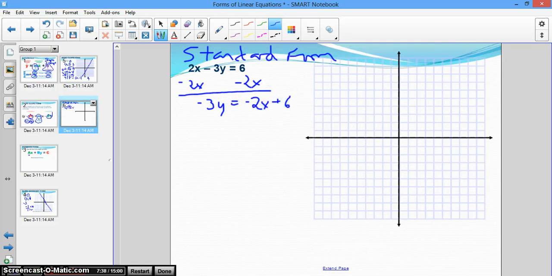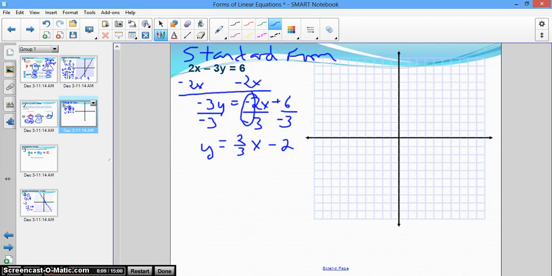Well, as we stated earlier, you cannot have a negative number in front of your y, or a coefficient, so we divide everything by negative 3. And we end up with y equals 2/3 x minus 2, because the two negatives cancel out.